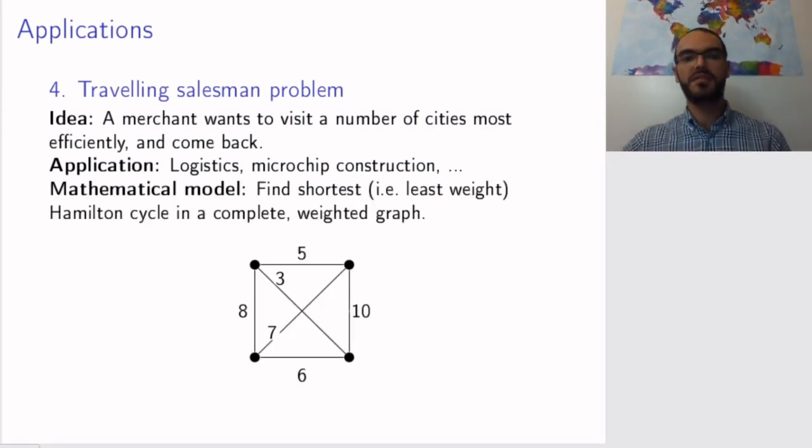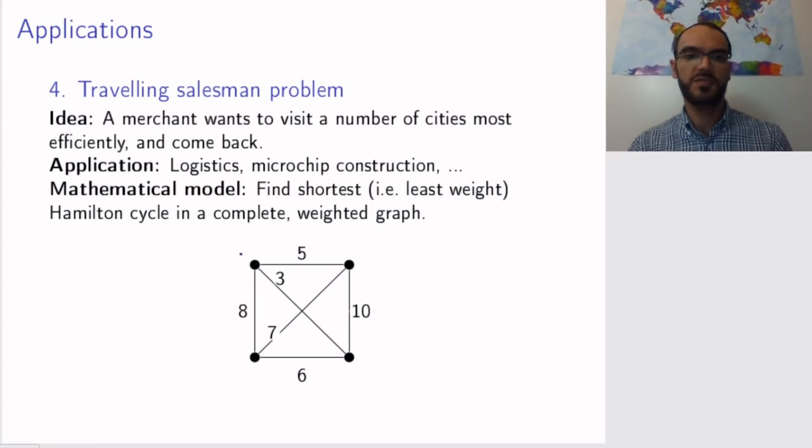So what is the mathematical model for this? You want to find the shortest, meaning least weight, Hamilton cycle in a complete weighted graph. So why is the graph complete? Well, you assume that there are roads between all the cities, or direct flight paths, or railroads, or whatever, and you just have to pick the shortest one. And why Hamiltonian?